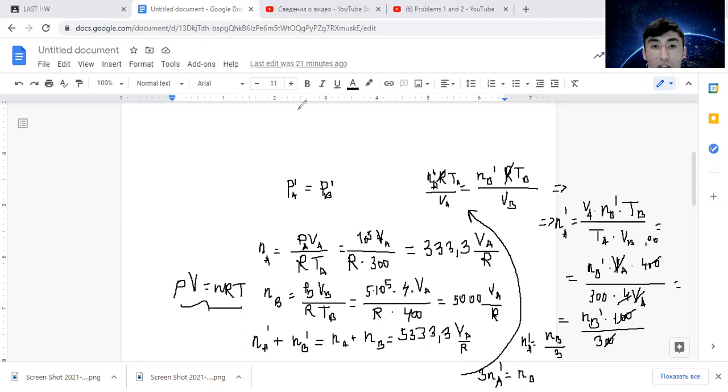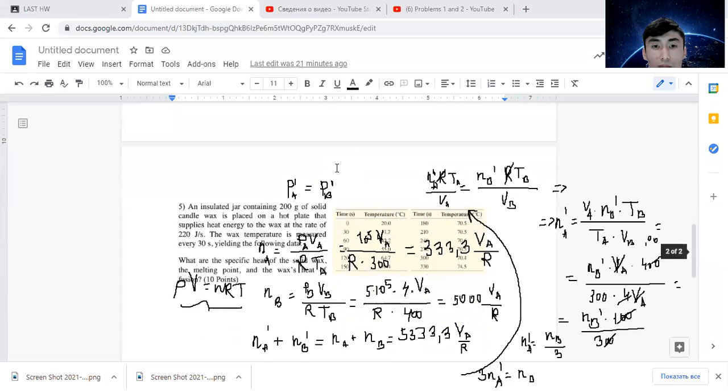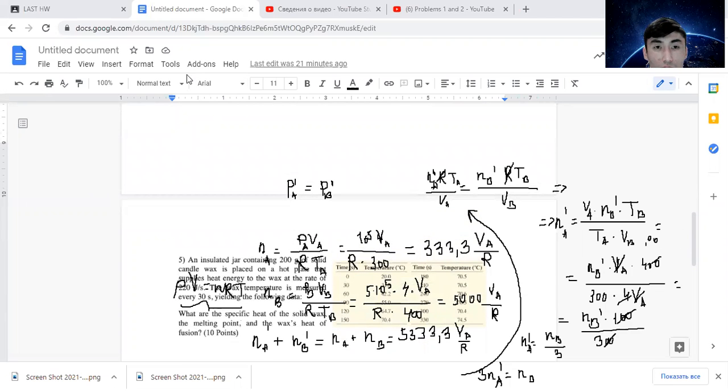The number of moles of the two containers after the valve is opened equals, as we found before, 5,333.3 times VA over R, right?